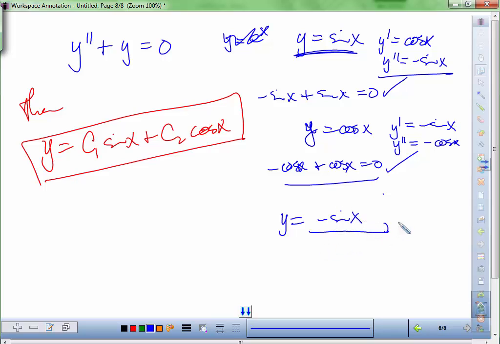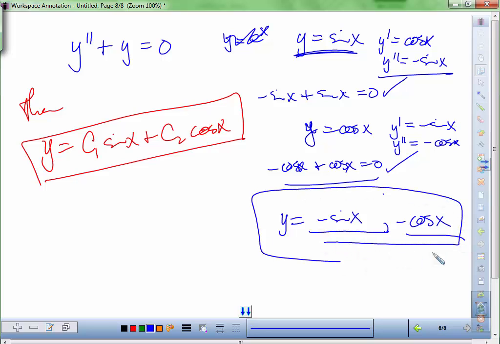Negative cosine? They're just scalar multiples, right? So C1 and C2 are negatives, and they're kind of counted. So we can ignore that, although this was a good answer. Can we find more solutions that aren't sines or cosines?